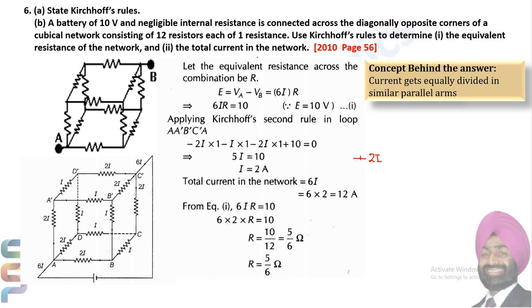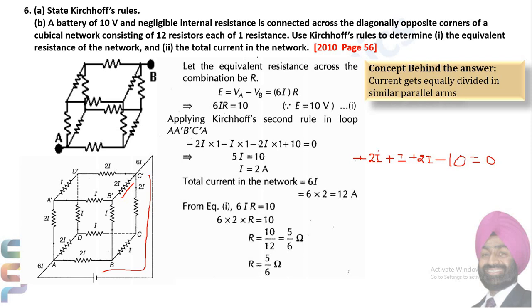As you move from A dash to B dash, current is I positive into 1 ohm. As you move from B dash to C, again current is 2I into 1 ohm. And as you approach the battery, you reach negative first, you may write minus 10 equal to 0.